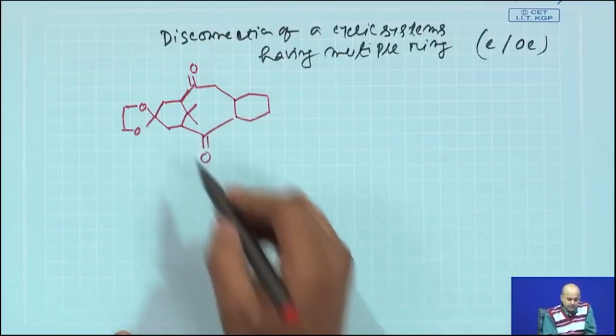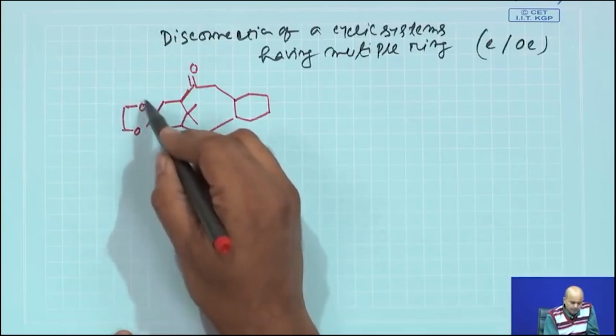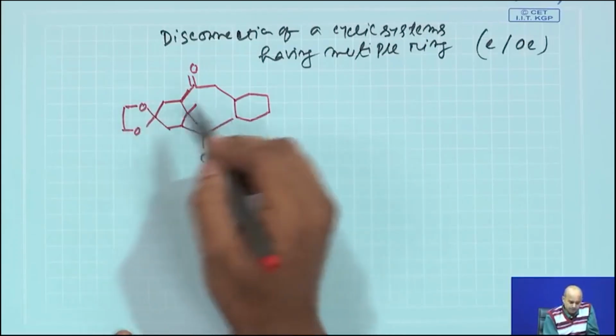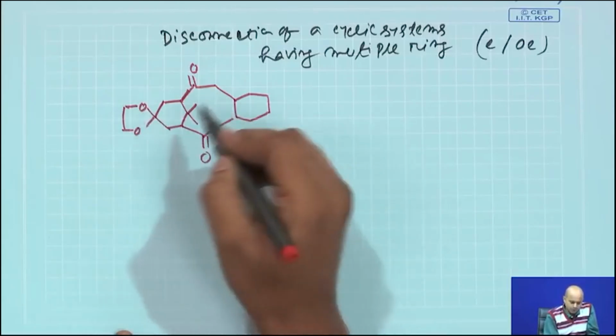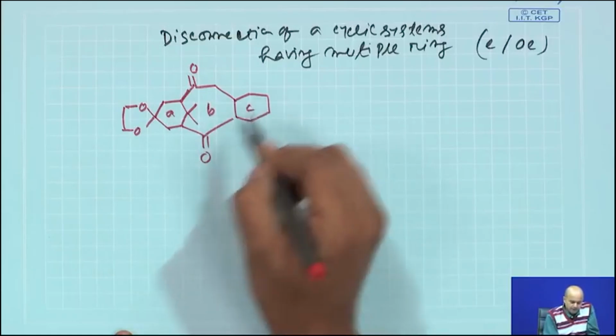So there are basically 3 main rings. We are trying to avoid this ketal moiety. This is also a ring, but it is basically a protecting group for this carbonyl. So, ring A, ring B, ring C.